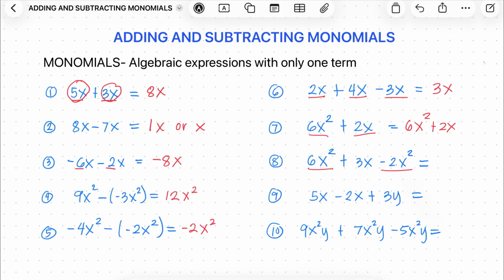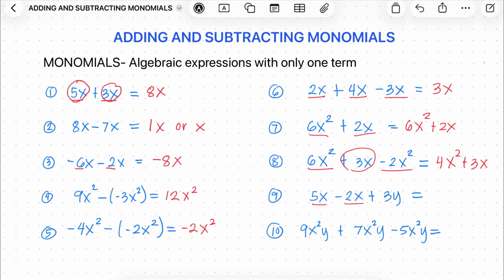Next, number 8, we have 6x squared plus 3x minus 2x squared. So 6x squared and negative 2x squared here are similar. We can just combine 6 minus 2, that is 4. Copy the variable and exponent, and then the rest here we will just attach. It doesn't change. Next, we have 5x minus 2x plus 3y. 3y is not similar with 5x and 2x.